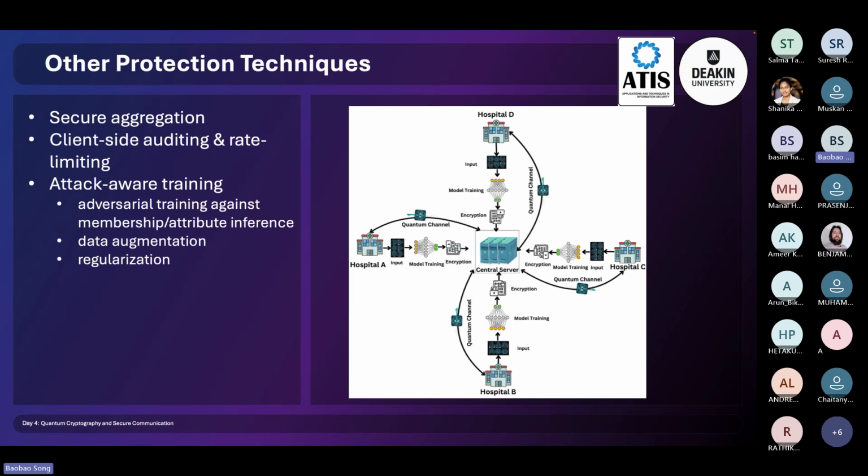That means we may generate some sensitive data, or we can do some regularization or adversarial training against membership or attribute inference. The thing we have to note is that quantum federated learning is a very novel field. So maybe some classical methods cannot be directly applied in quantum federated learning, and some researchers are still focusing on how to apply the classical ones in federated learning.